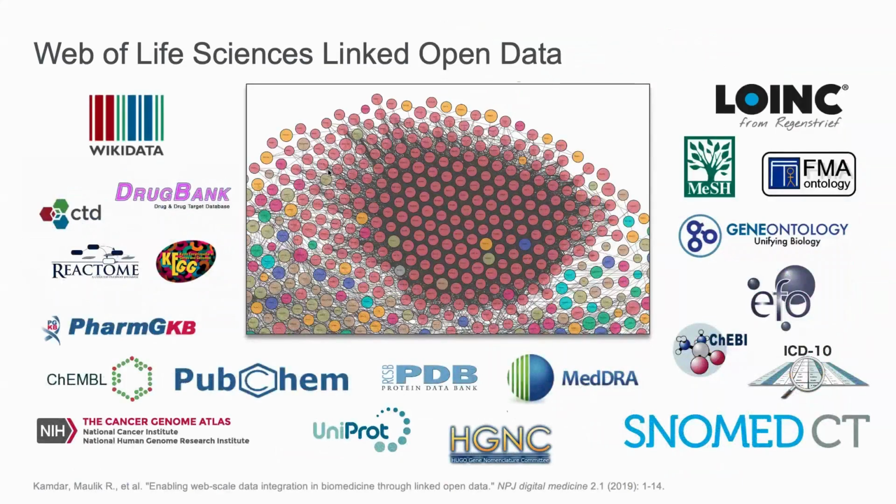What I'm more interested in, as I mentioned, is the life sciences region or the biomedical region of the linked open data cloud. There are a lot of sources that are made available as linked data graphs on this linked open data cloud.